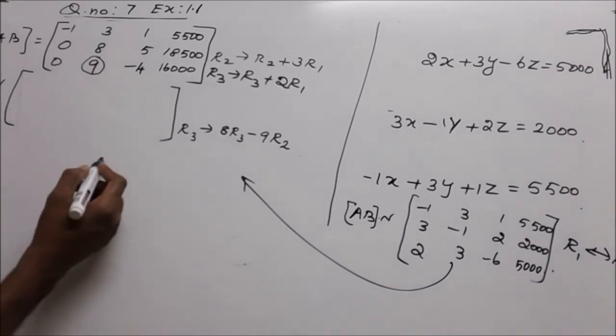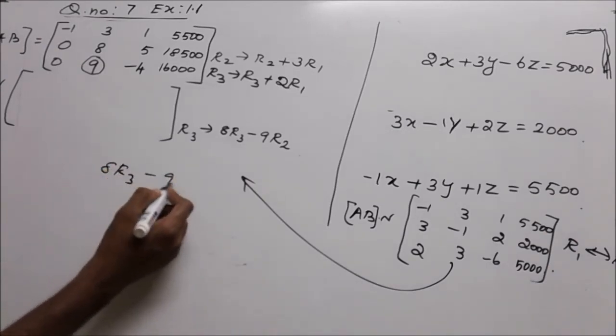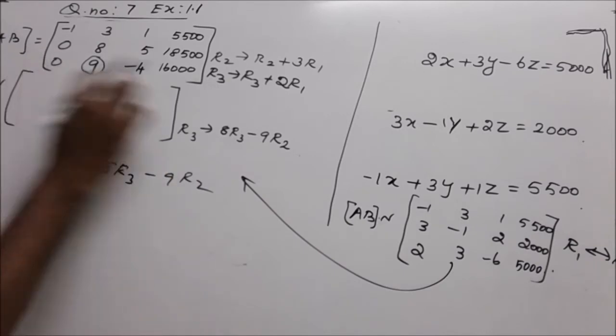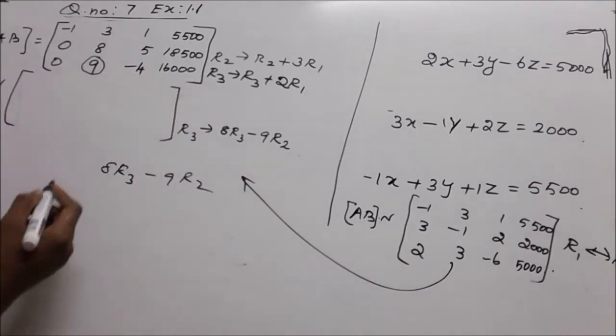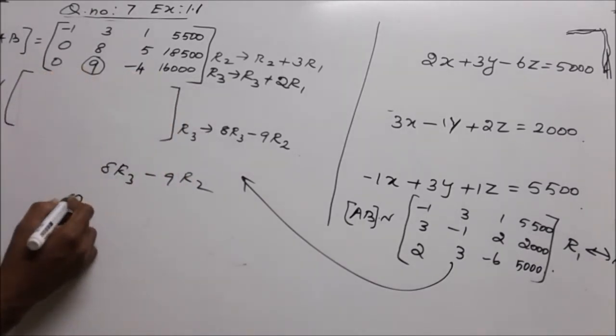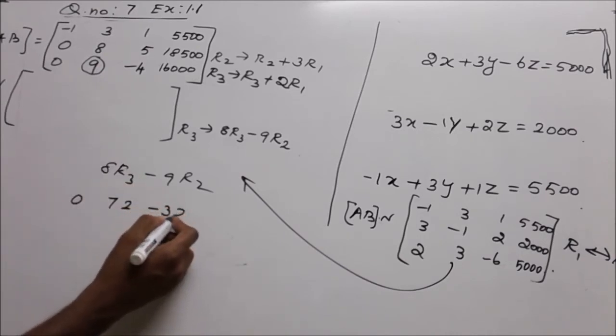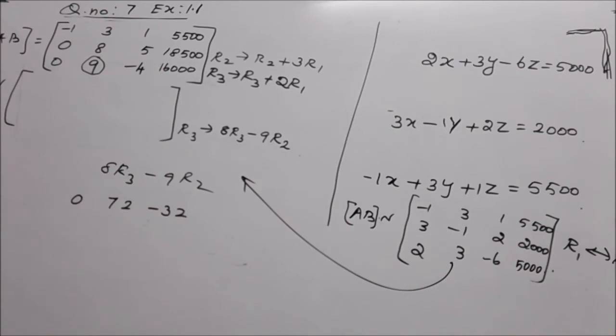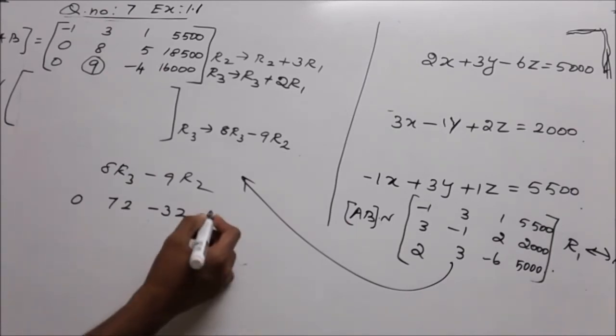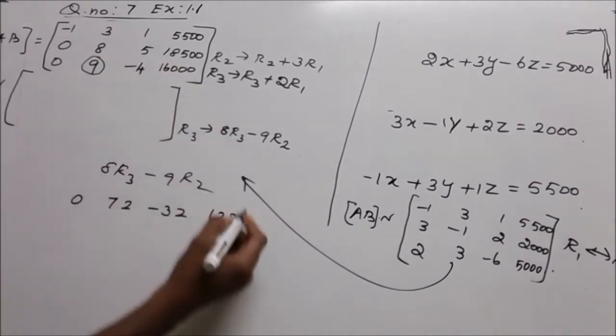For that, 8R3 minus 9R2: multiply R3 by 8, we will have 0, 72 minus 32, then 8 into 16,000, and there are 3 zeros.